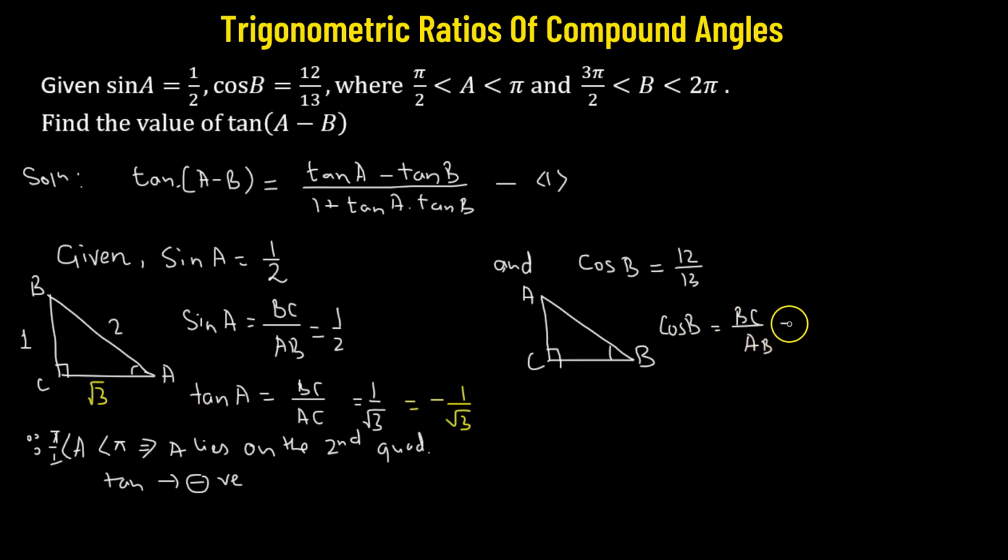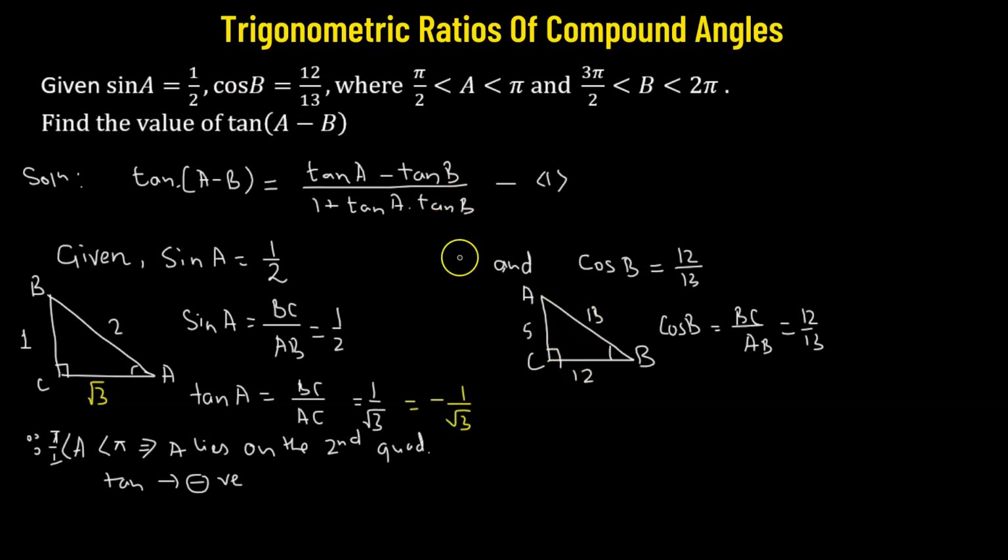It's given that BC over AB is 12 over 13. So BC is 12 units and AB is 13 units. ABC being a right angle triangle, we can immediately find AC, and also 5, 12, 13 forms a Pythagorean triplet. So AC measures 5 units.